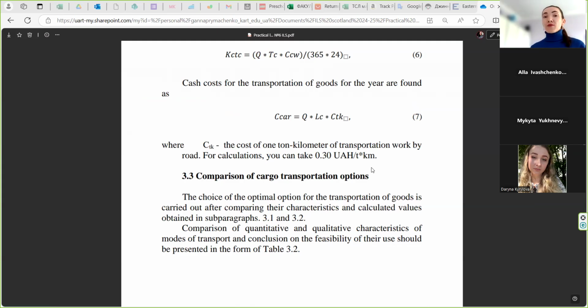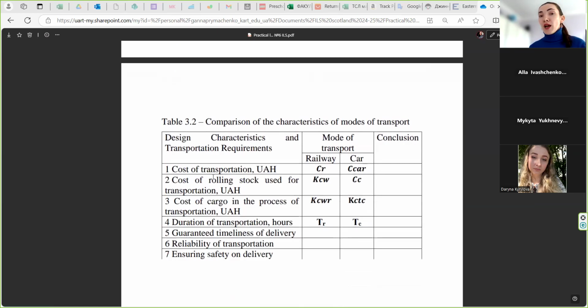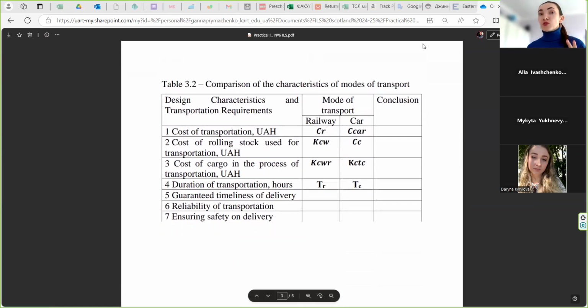And now we have a period for a coffee break for 10 minutes. And after 10 minutes, we come back and do our next task 3.3. We can find which type of transport is better for us, railway transport or car transport.